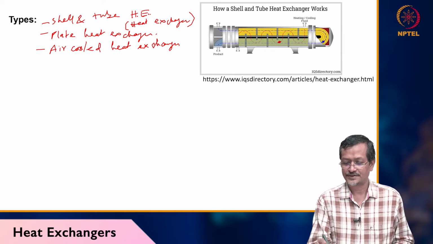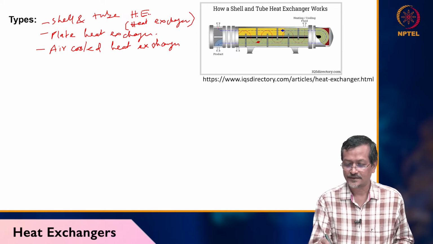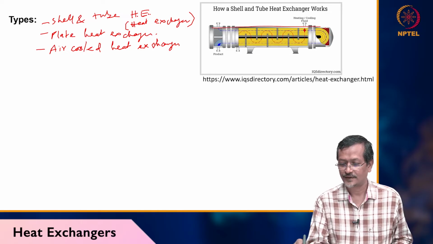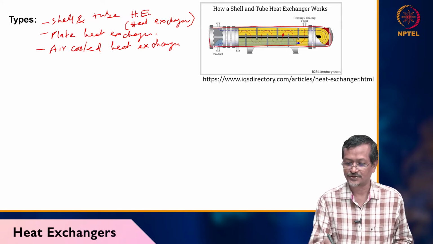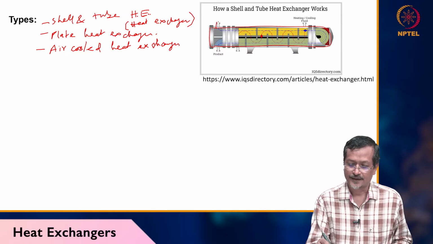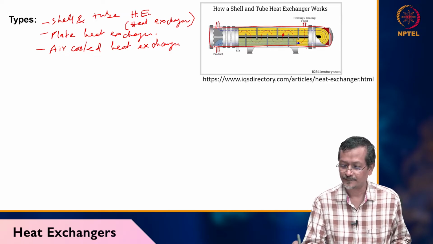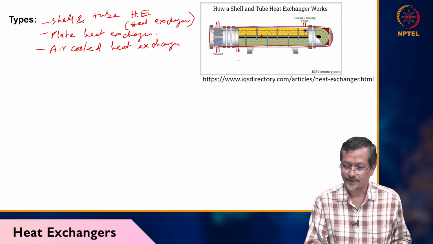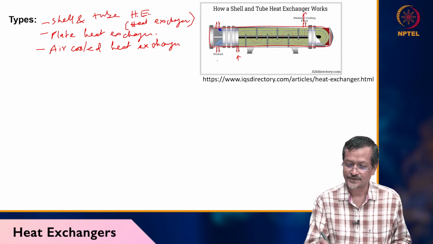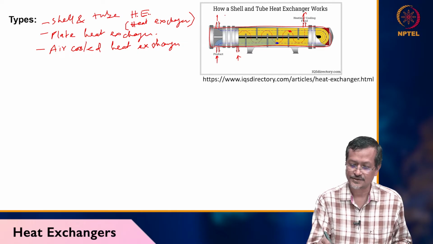So here you can see this right side picture. This is a pressure vessel, a large, maybe high pressure vessel, and there will be one inlet and one exit. For example, this is the inlet, this is the exit.